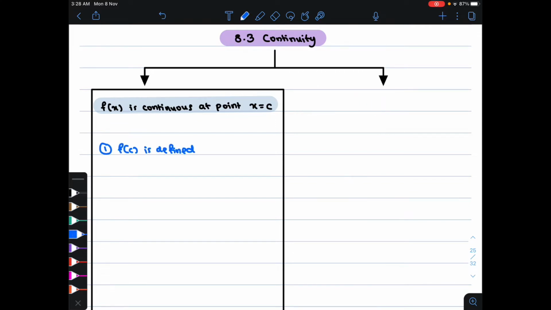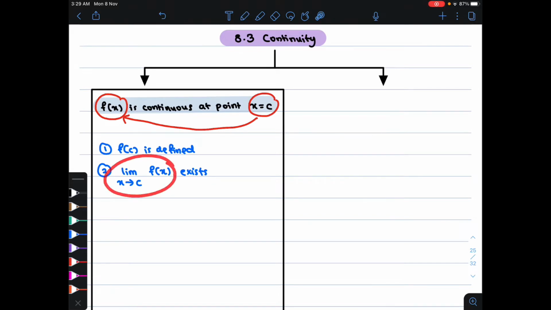The first condition is f(c) is defined. Understand that f(c) means that you're substituting x equal to c into f(x). That will give you f(c). The second condition is the limit of f(x) as x approaches c exists.